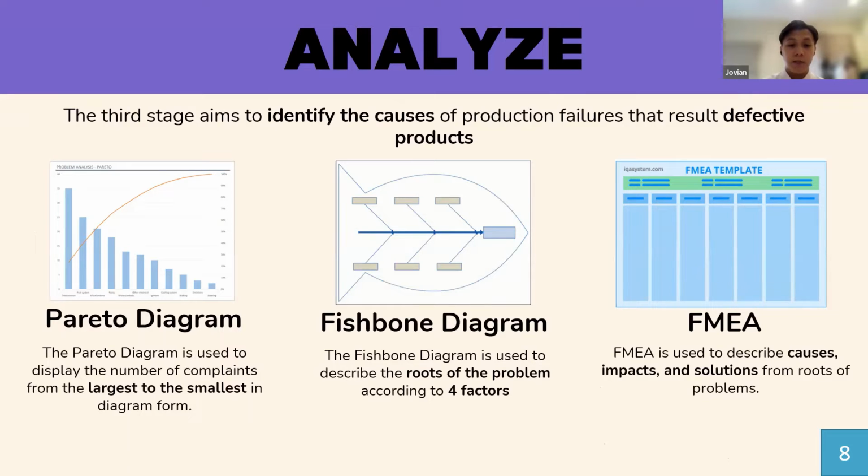The second one is the fishbone diagram, which is used to describe the roots of the problem based on 4 main factors: machine, man, method, and material. And the last one is FMEA, or failure mode and effect analysis, which is used to describe the causes, impacts, and solutions for roots of problems.